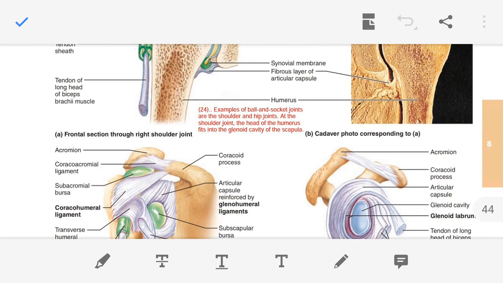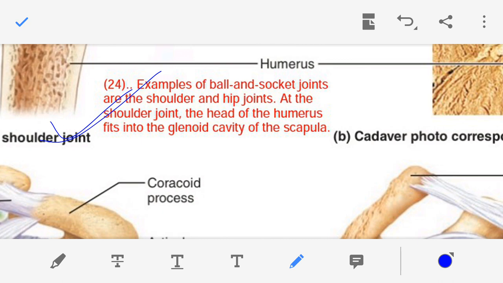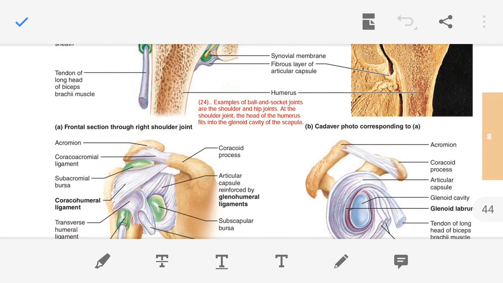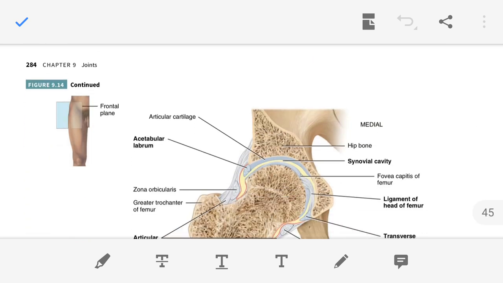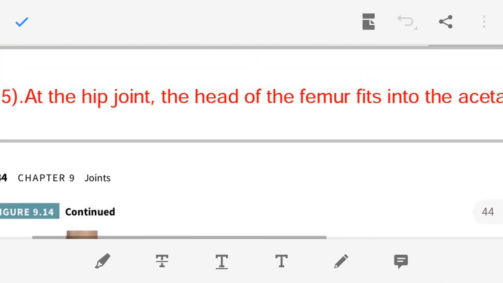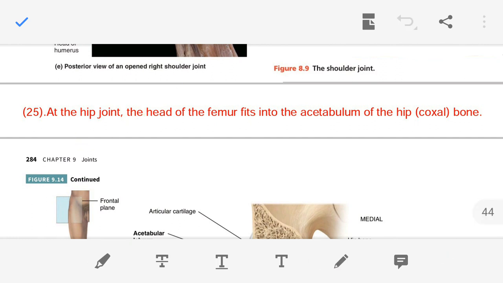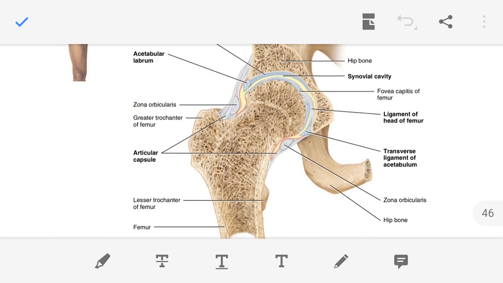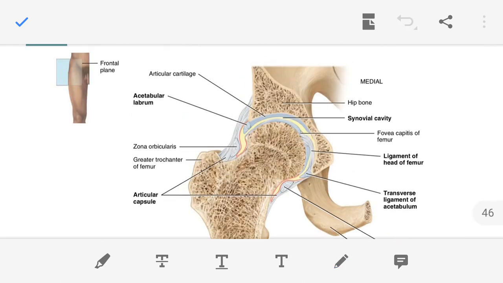Now this point I have explained to you. And the last joint is the hip joint. This is the exact location of the hip joint, this is the theory point, and now I am explaining. This is the thigh bone, the femur.